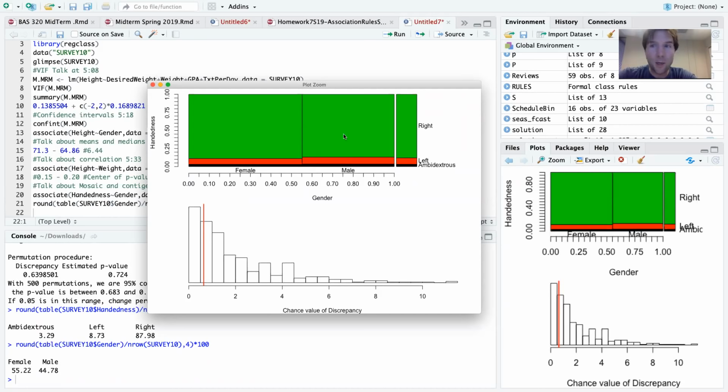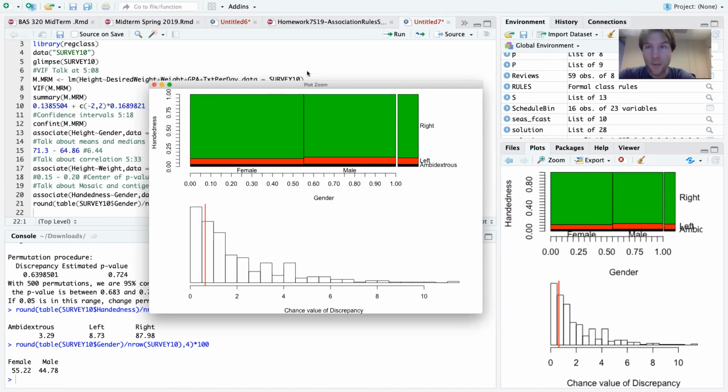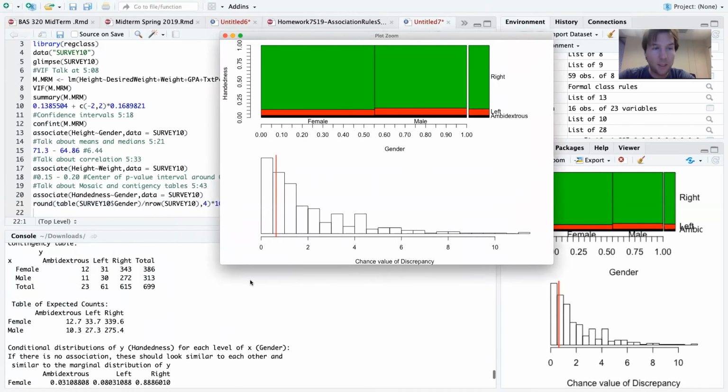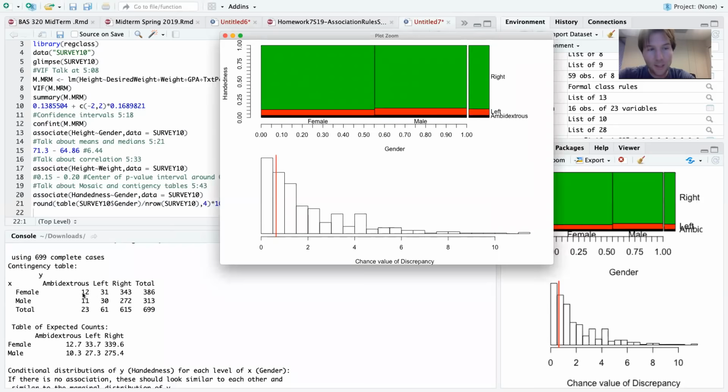But what we really care about is the inside right here, which is going to be displayed by the contingency table. The contingency table gives us the count, as in there are 12 females who are ambidextrous. This little black box right here is 12 females. There are 11 males who are ambidextrous, and it's a little higher because there are fewer males. There are 30 males who are left-handed.